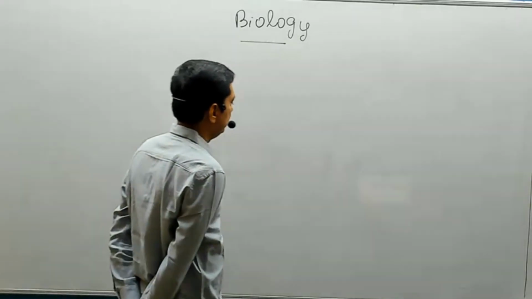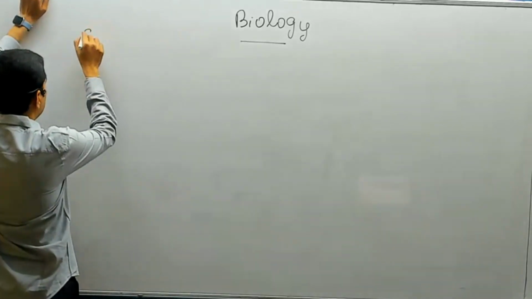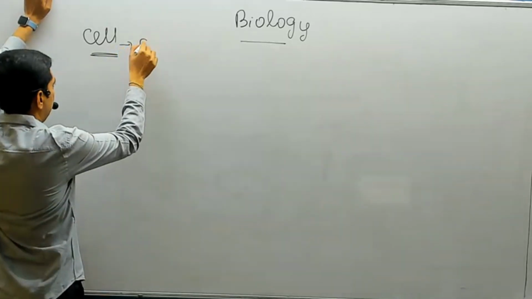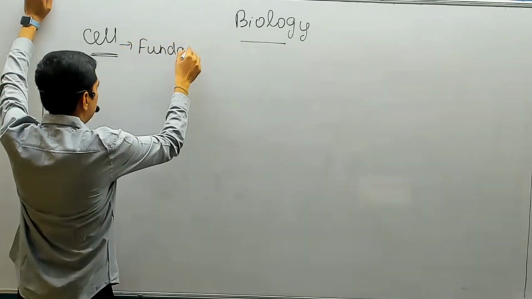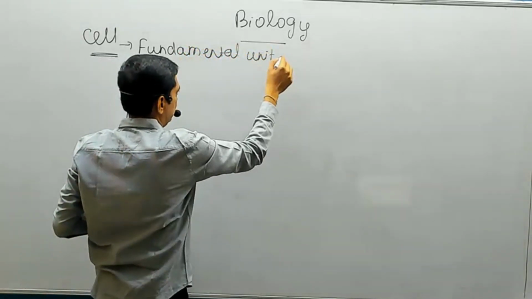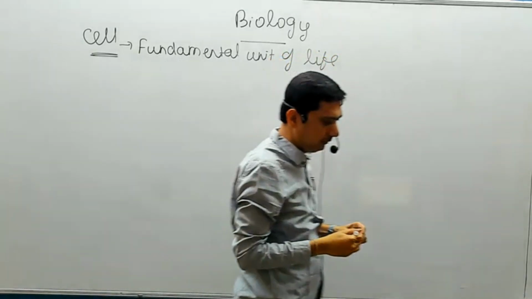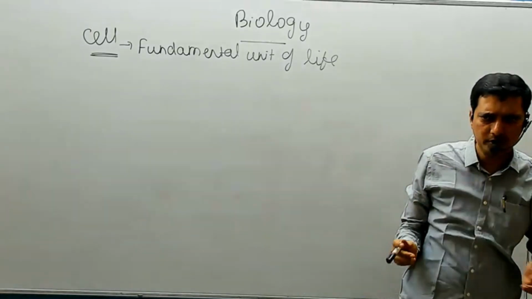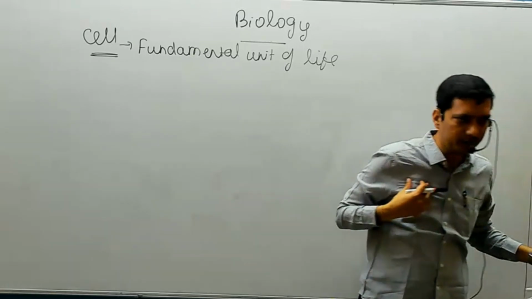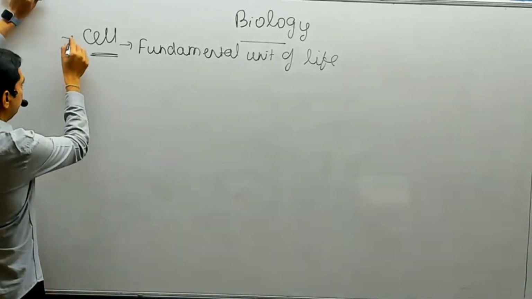So where should we start? As I said, the most fundamental thing that we study about is the cell. Cell is considered to be the fundamental unit of life. What does it mean? Doesn't matter any living organism, whether it is a very simple organism like bacteria, or more complex organisms like us humans, plants, animals, all of them are made up of cells.